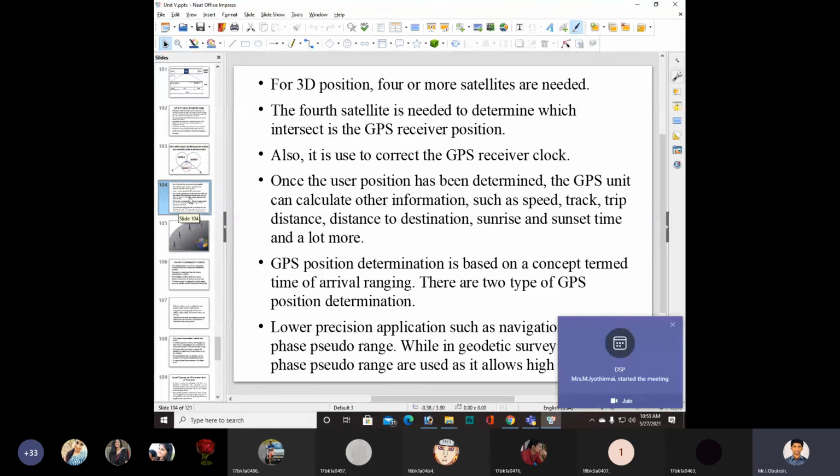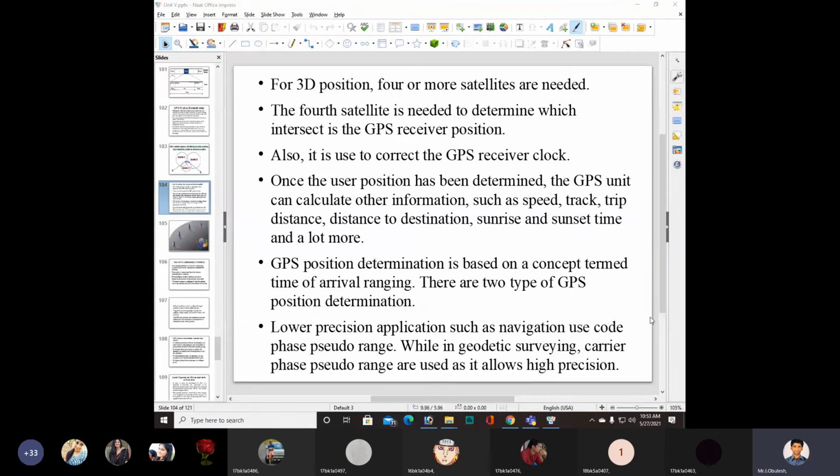Once the user position has been determined, the GPS unit can calculate other information such as speed, track, trip distance, distance to destination, sunrise and sunset time, and many more. The GPS position determination is based on the concept of time of arrival ranging.